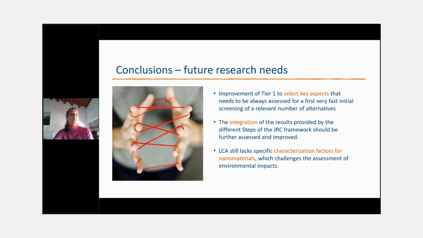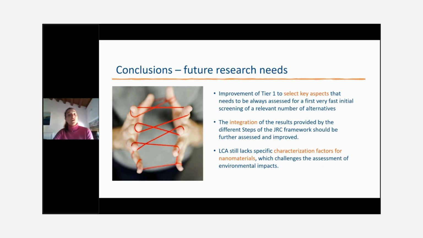For example, we are in the process of improving Tier 1 to select key aspects that need to be always assessed. Indeed, we have 153 questions, which is a huge number in case you have a higher number of alternatives to evaluate in a screening phase. So we are working to select a lower number of very relevant aspects that need to be always assessed.